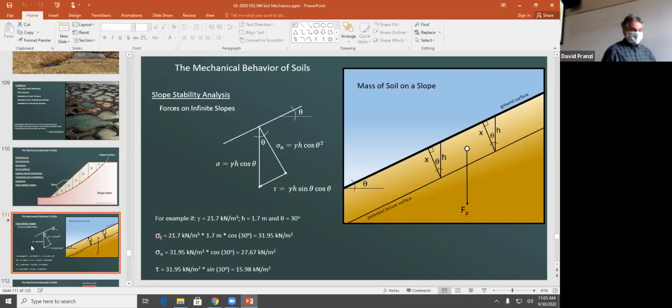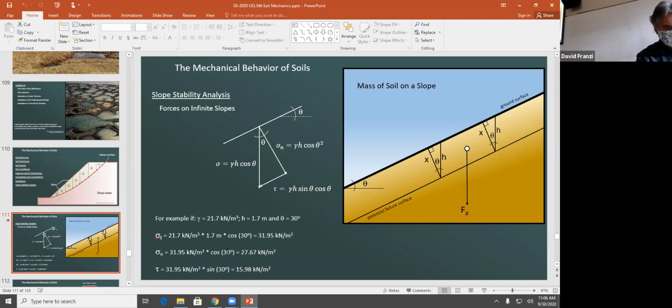So for our normal force, 21.7 kilonewtons per cubic meter gives us 31.95 kilonewtons per square meter. That's our total load.